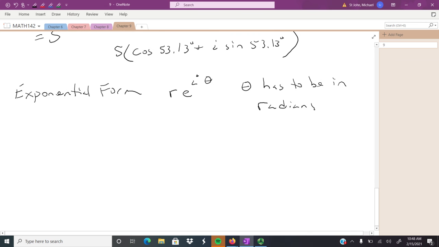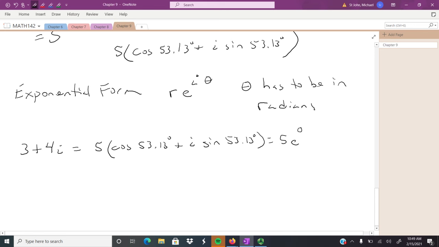So 3 plus 4i is the same as saying 5 cosine 53.13 plus i sine 53.13, which is the same as saying 5e to the 0.927i. 53.13 degrees is the same as 0.927 radians.